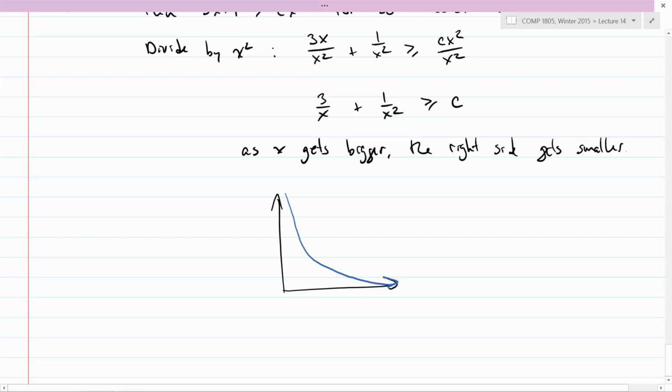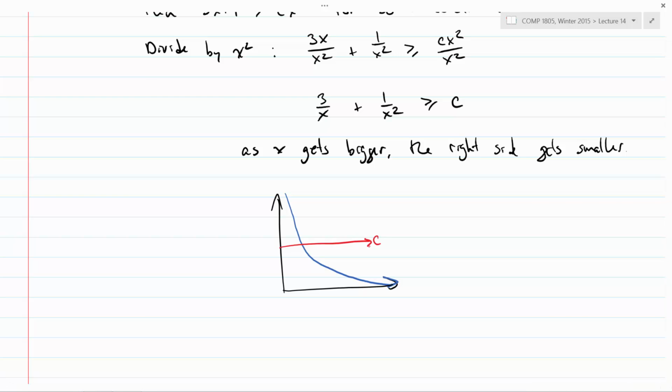And we have some constant c that's right here. And the claim is that the blue line is always above the red line. And we can see just looking at it that it's not. And the reason it's not is because on the left side we have a decreasing function.